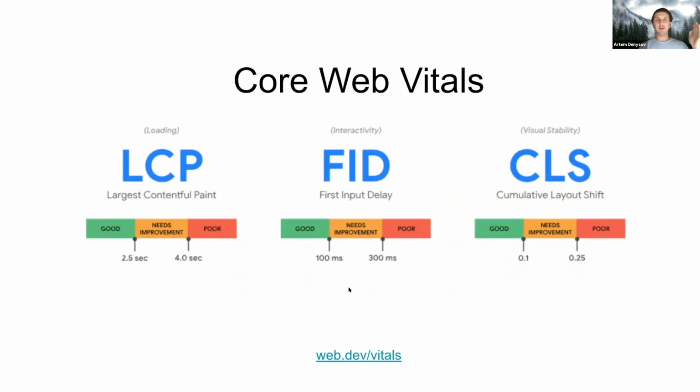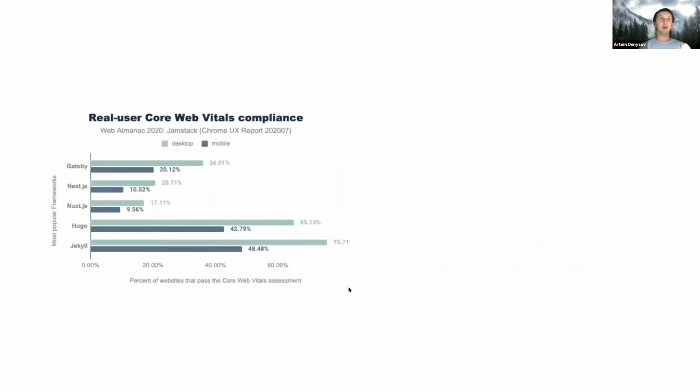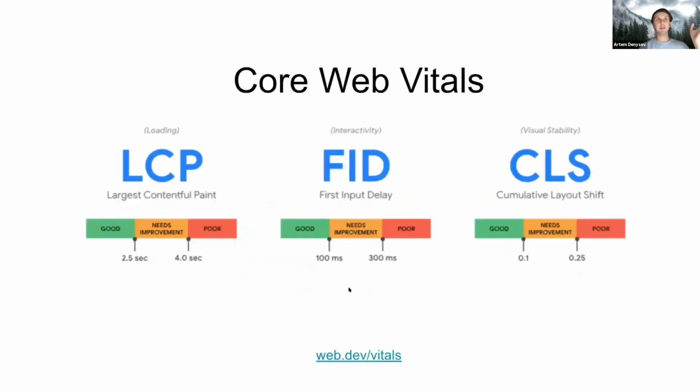So we have Core Web Vitals. This is a concept of metrics which gives you an understanding of how fast your websites are. We grabbed the compliance of all three metrics: largest contentful paint, first input delay, and cumulative layout shift.